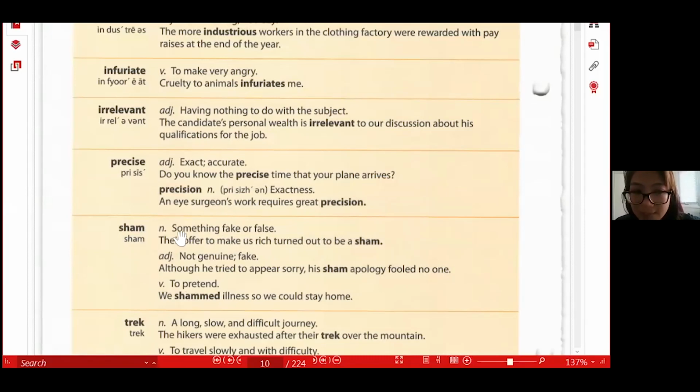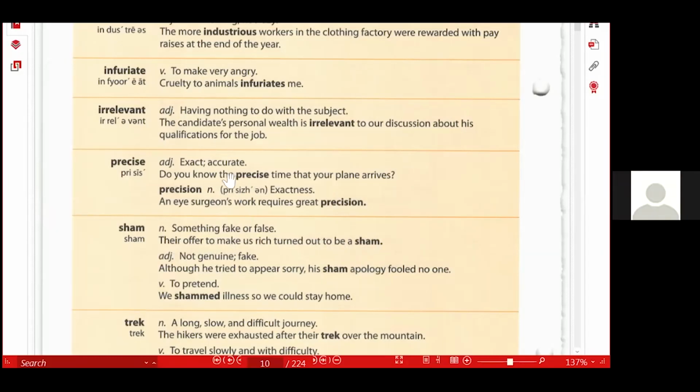A sham is something that is fake or false, something that is not true. For example, their offer to make us rich turned out to be a sham. Although he tried to appear sorry, his sham apology fooled no one. You understand the meaning of sham, Nicole?